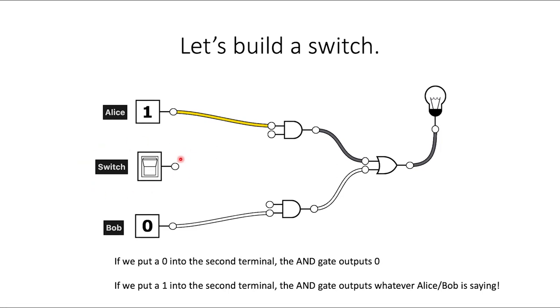Right, so how do we do this? Well, the point is that this switch, if it's off, then I should hear Alice. So if this switch is off and is sending a 0 out, then there should be a 1 going into here. And similarly, if there's a 0 going out of here, there should be a 0 going into Bob's AND gate. And vice versa.